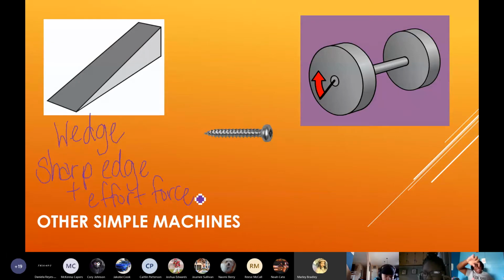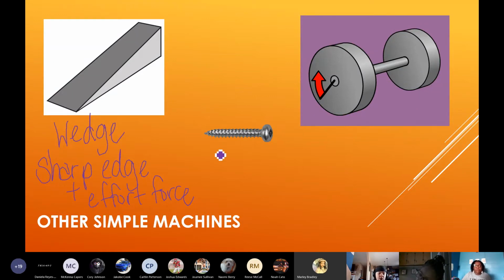If I were to put a wedge into a tree trunk that I'm about to split in half, and I put some force behind that wedge, it would cause the tree trunk to split. That wedge helps to make work easier because it helps to move an object with some effort force behind it.